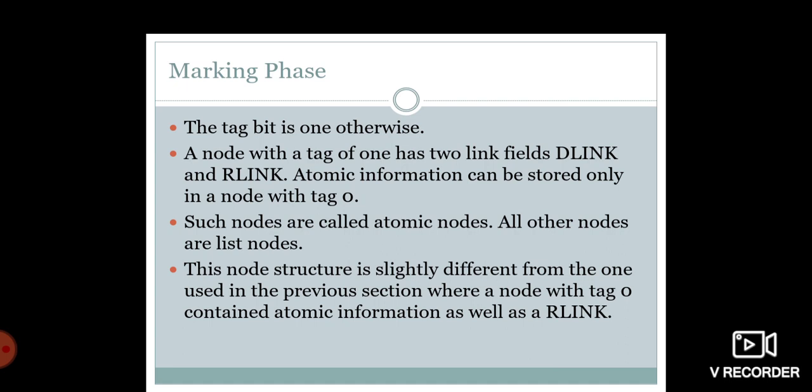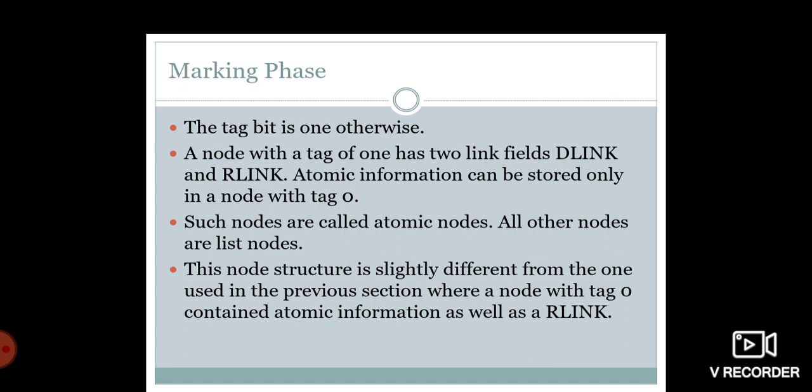The marking algorithm marks the directly accessible nodes. You have directly accessible nodes and indirectly accessible nodes. Directly accessible nodes are always referred to through pointer variables. There are two types of links: one pointing to 0, that is a null link, and if it is pointing to a node, it is a valid link.